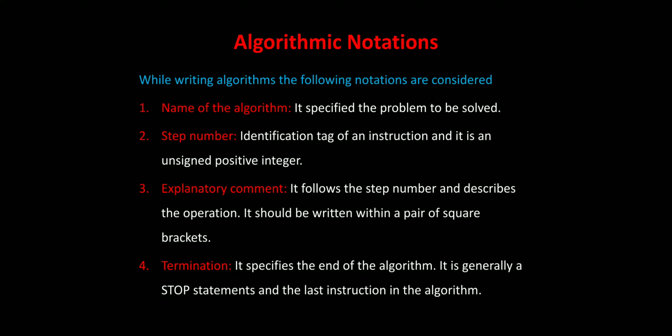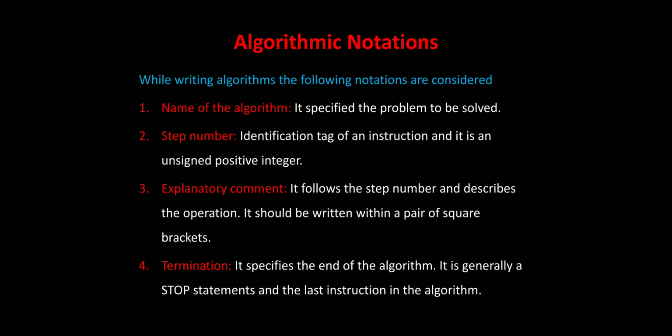Explanatory comment follows the step number and describes the operation. It should be written within a pair of square brackets. It means we write a comment for a particular operation within an opening square bracket and a closing square bracket.